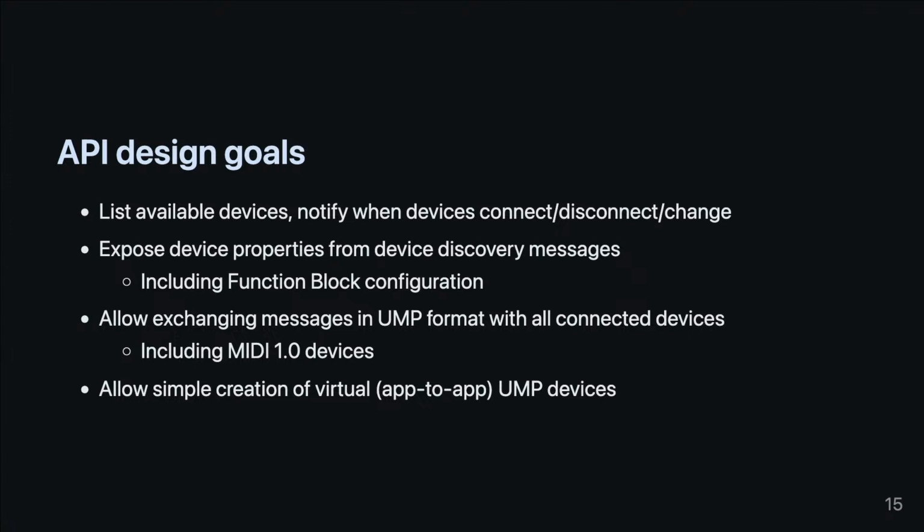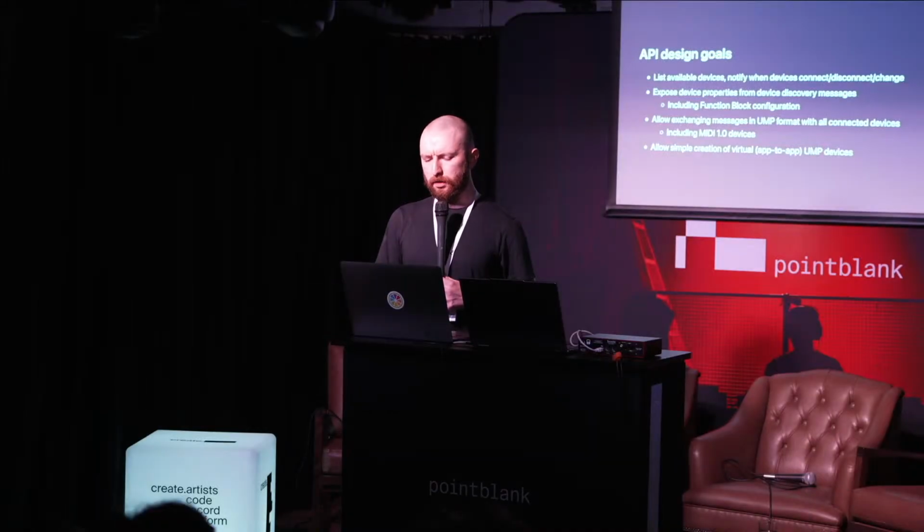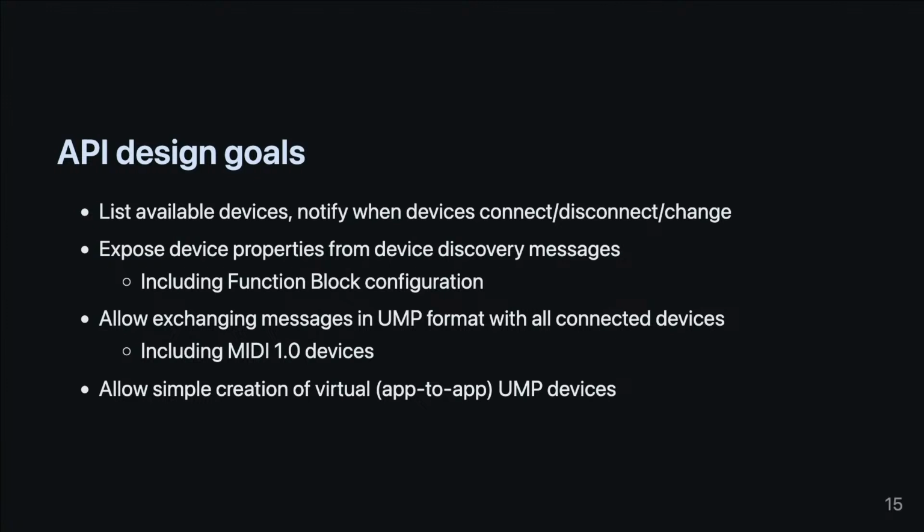And we want users to be able to read and write messages in UMP format, even when they're talking to MIDI 1 devices. And again, this is so that you can just write all of your code once in UMP and then talk to new MIDI 2 devices or existing MIDI 1 devices without having to change any of your code. And finally, we want to expose some way of creating a virtual UMP device that you can expose in your programs so that you can talk over UMP to other UMP-aware applications.